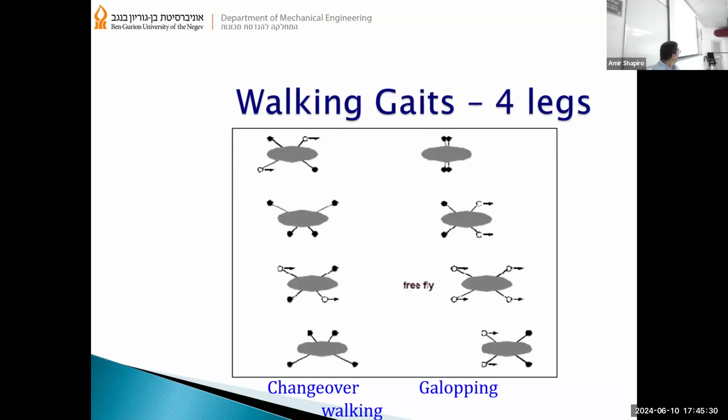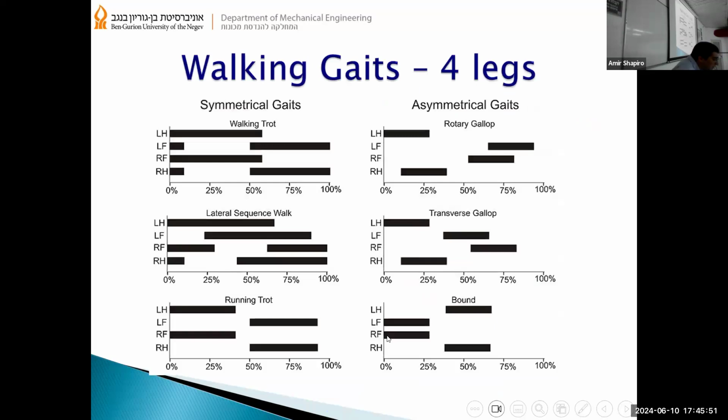And you can see here several gait patterns of a four-legged robot. You can see the legs that are lifted and legs which are on the ground, and the motion as well. And sometimes we describe their motion in a diagram.